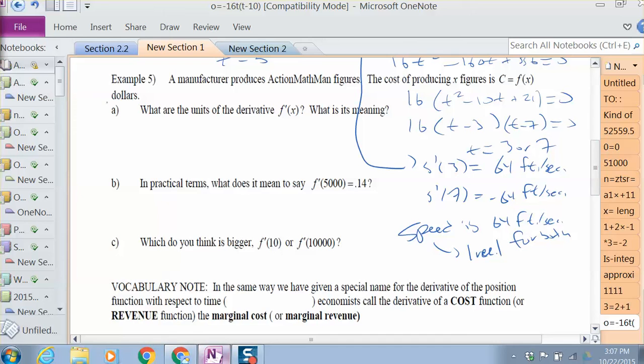f is going to represent the cost. So f prime of x is really no different than saying dC over dx. Because if f equals C and f prime is a derivative, then we want the derivative of cost. And really, that's just going to be change in cost over change in number of figures.